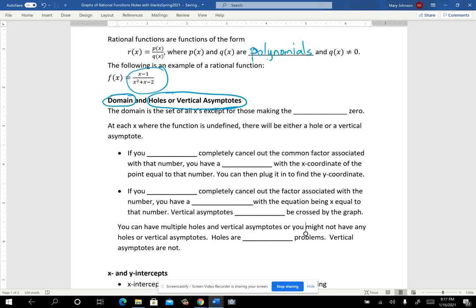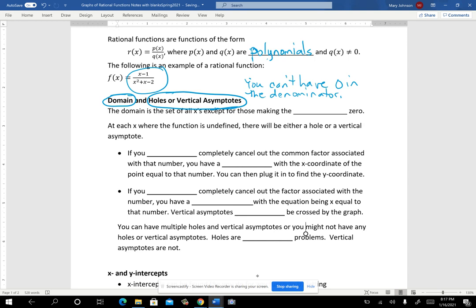Both of those have to do with the fact that you can't divide by 0. So you can't have a 0 in the denominator. Division by 0 is undefined, right?